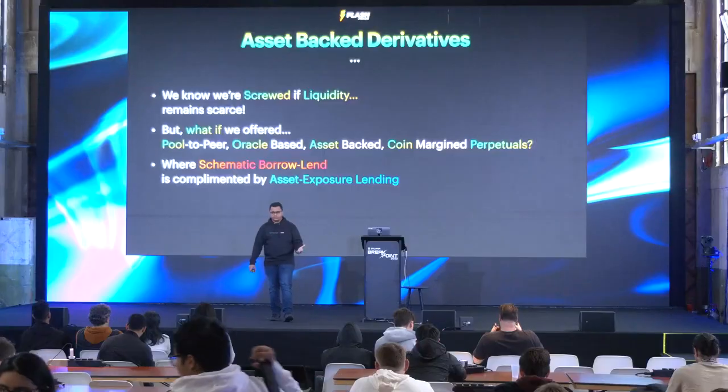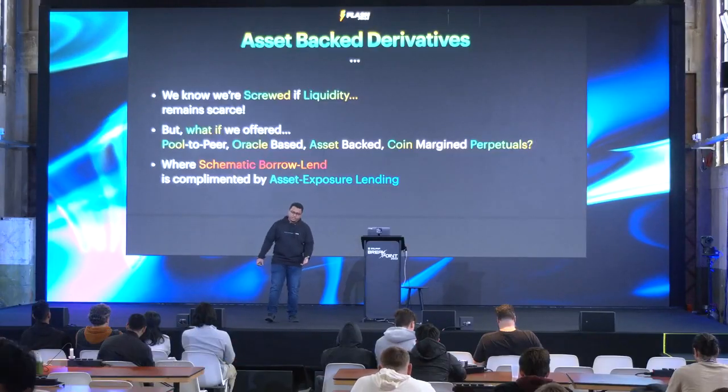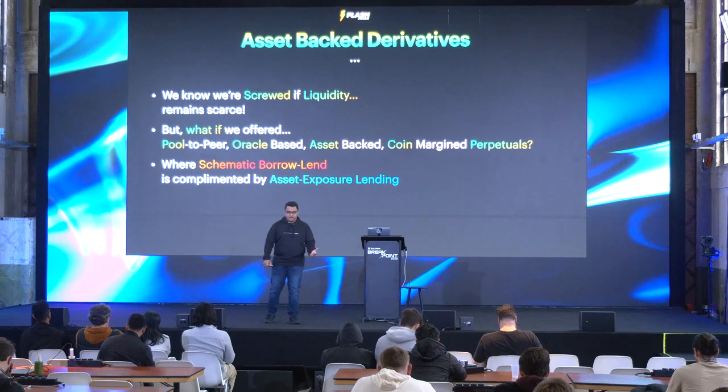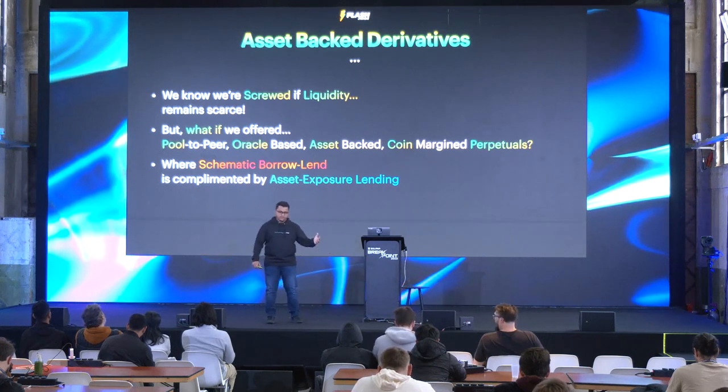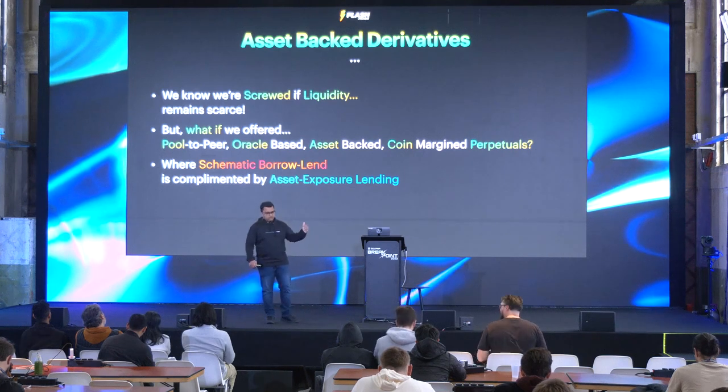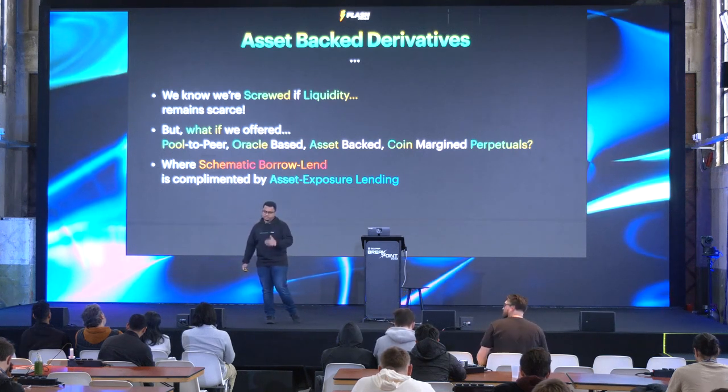It started off back in the day with Aave and Compound leading the charge, and then we have protocols on Solana, including Solend and MarginFi, leading the charge today. So it's schematic borrow lend where borrowers pay a fee, which is converted to an APY for lenders. What if we complement that by asset exposure lending?